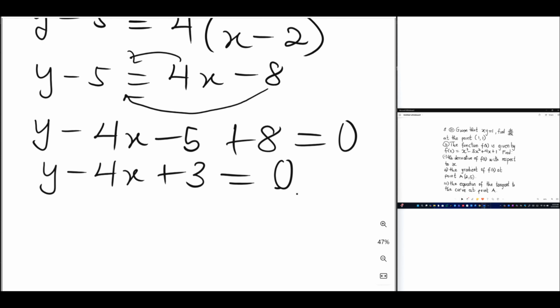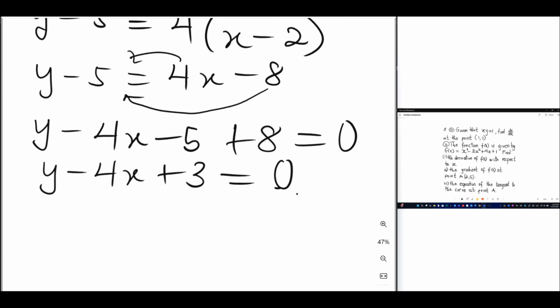So anytime you have a curve and you have to find the gradient of the curve at a given point, you differentiate the curve to get the gradient function. Then you substitute the x and the y coordinate into the gradient function.